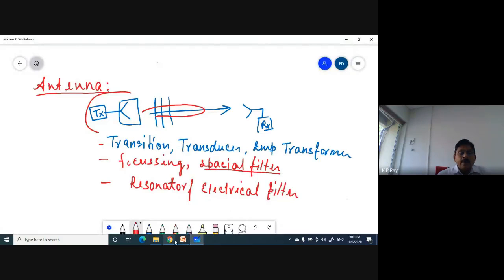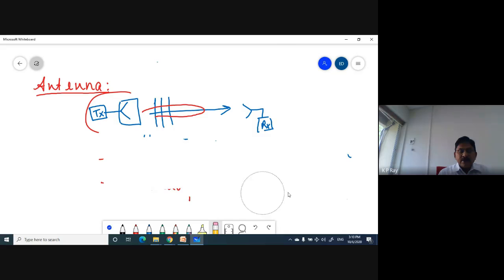So if you see the other parameters of the antenna, the basic main consideration is this portion of the transmission line, which you are connecting from the source which is generating a signal which you want to radiate wirelessly, and then it is connected to the antenna.